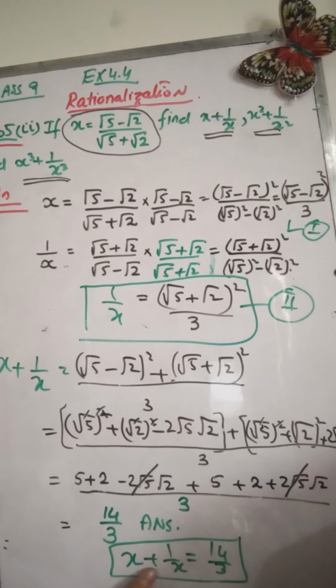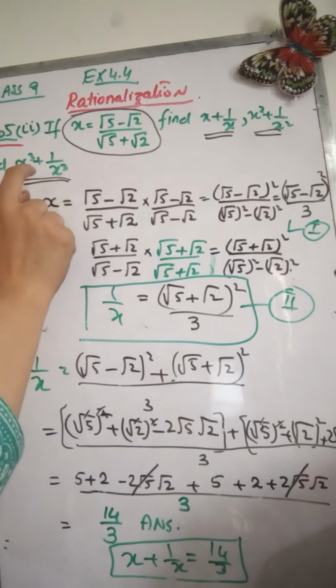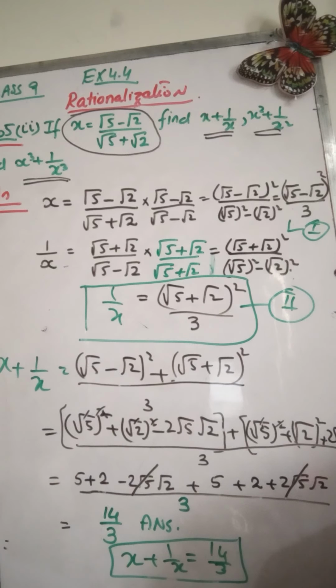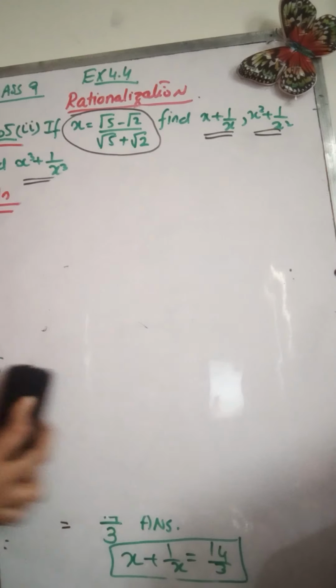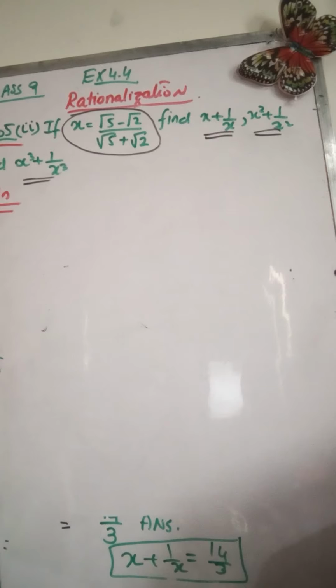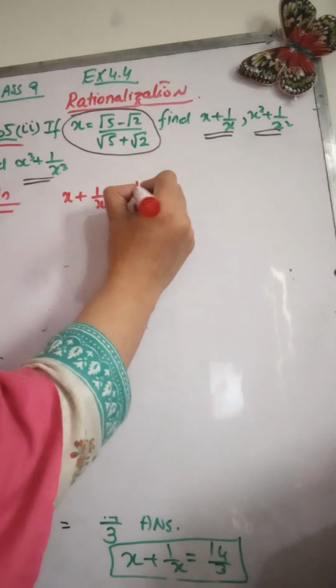Now with the help of x plus 1 over x, we are going to find x square plus 1 over x square and x cube plus 1 over x cube. Now we have x plus 1 over x.